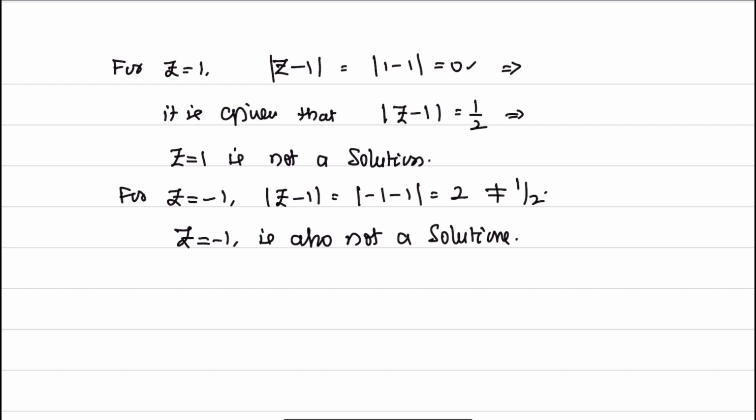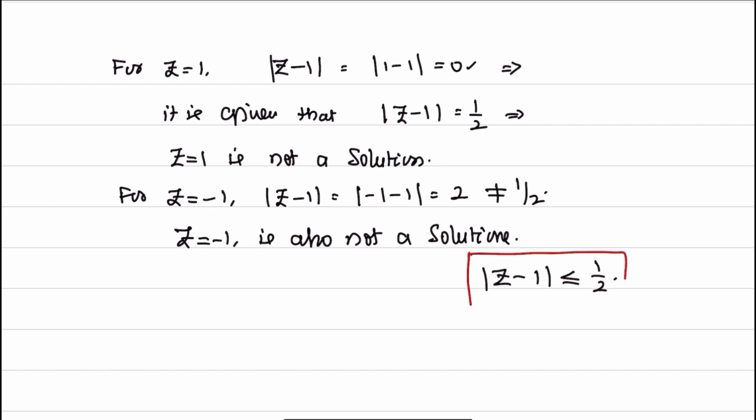Because if the equation is given like this, modulus of Z minus 1 is less than or equal to half, then Z is equal to 1 may be a possible solution. But it's not given like that.